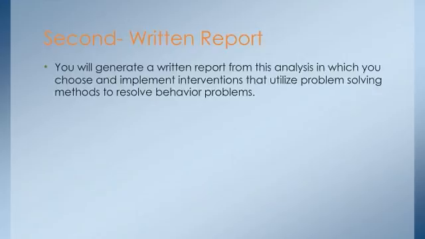So while you're looking in Chapter 12, there are a few different problem-solving methods to help you resolve problem behaviors. But if it's something like we just had in that previous example, where you can teach the student an appropriate replacement behavior, then that's what you could do.